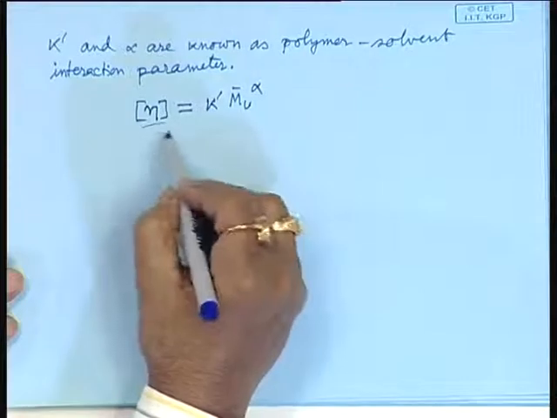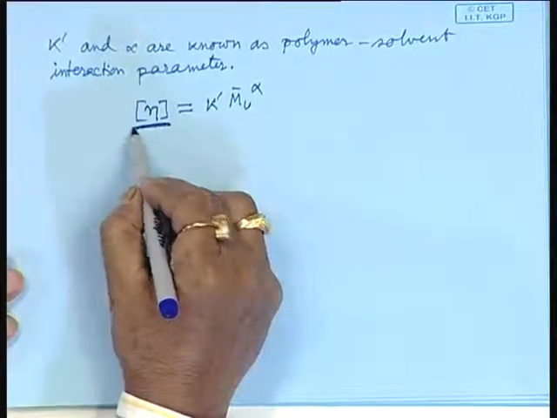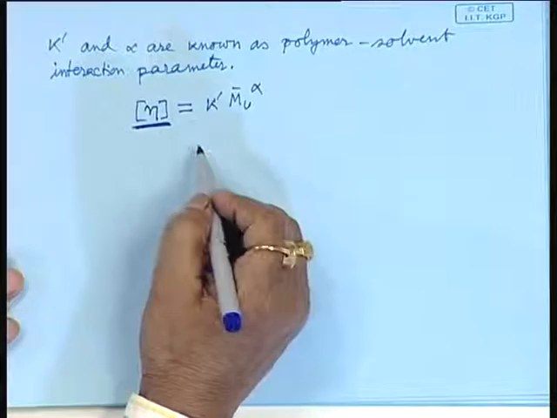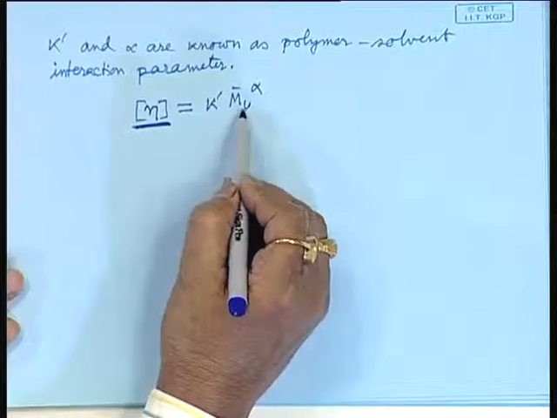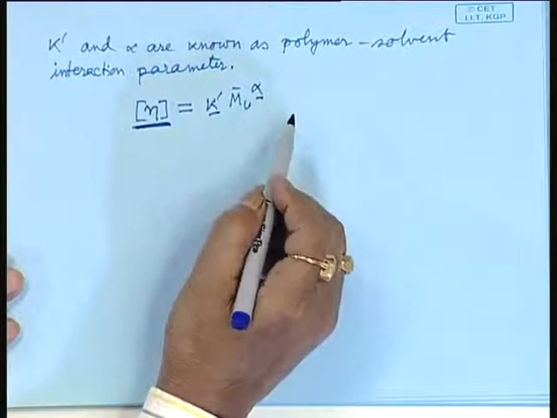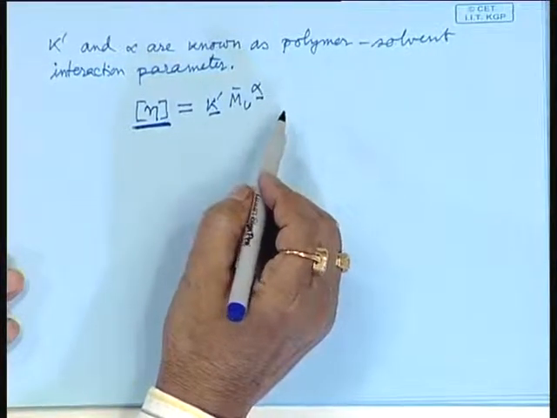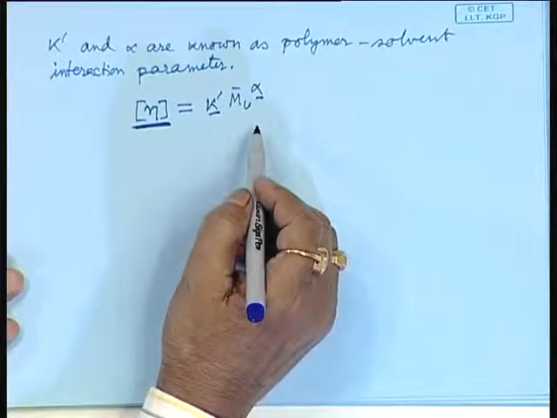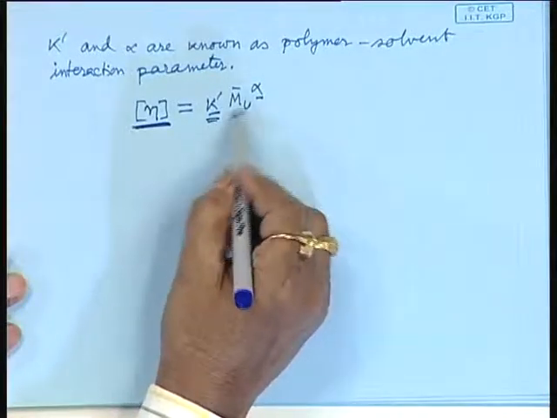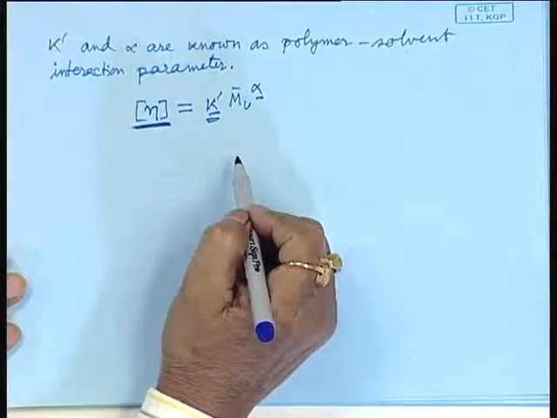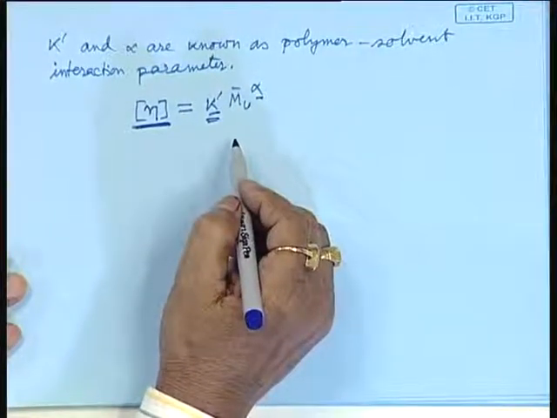This is an experimentally determinable parameter you are getting from flow times, and these are available from a data book at a particular temperature, because the viscosity is measured at a constant temperature, by immersing the viscometer in a thermostatic bath. So, at that particular temperature you have to find the values of K prime and alpha, then only you can get this eta r.